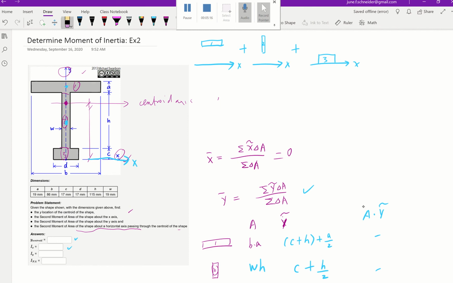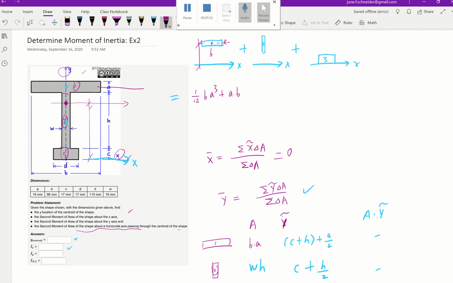Now let's think about the top one, the first one. Regarding its own centroid, which is right here, the formula is 1/12 base times height cubed. Our base is b and our height is a, so it's going to be b a cubed. Then we plus, using the parallel axis theorem, the area A times B times the distance squared. What's our distance here?